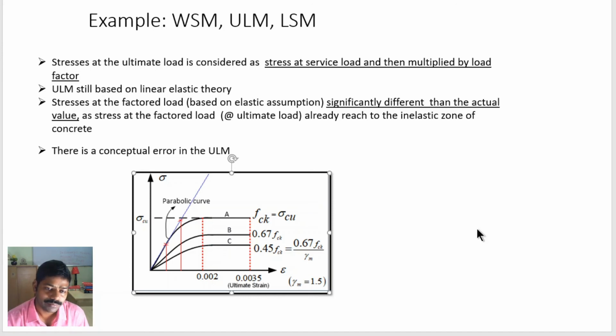If you see this graph, this is the stress which is coming due to the factored load. Whatever stress you calculate as per working load is based on linear elastic theory, and if you multiply it with the load factor, the stress that comes will also be based on linear elastic theory. But when the load reaches the ultimate stage, the stress in the concrete has already reached the nonlinear zone.